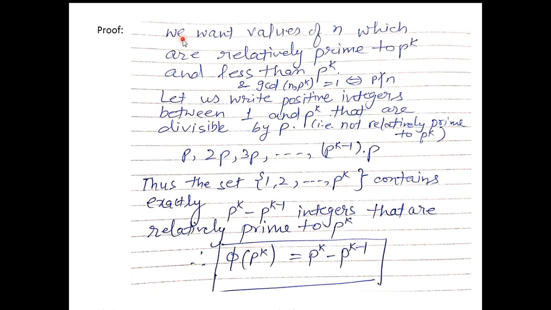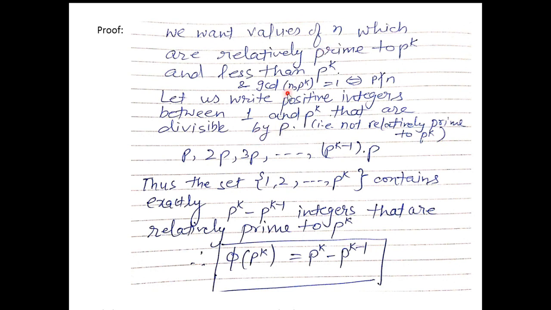Let us see how we are proving it. We want values of n which are relatively prime to p to the power k and less than p to the power k. And we know that GCD of n and p to the power k is 1 if and only if p does not divide n. Let us write the positive integers between 1 and p to the power k that are divisible by p.